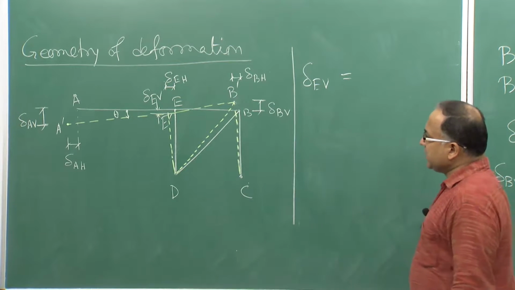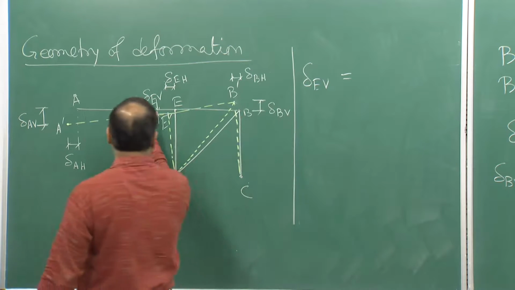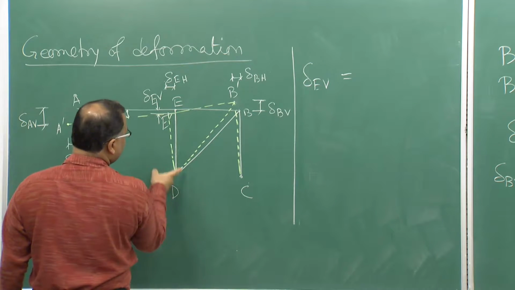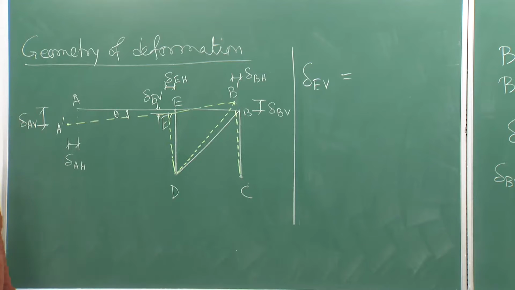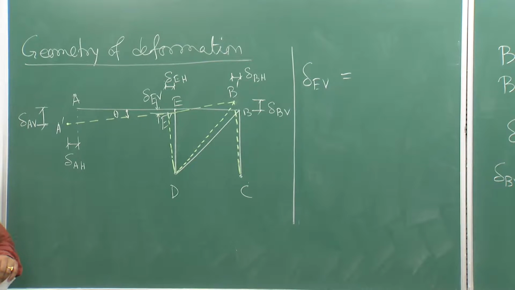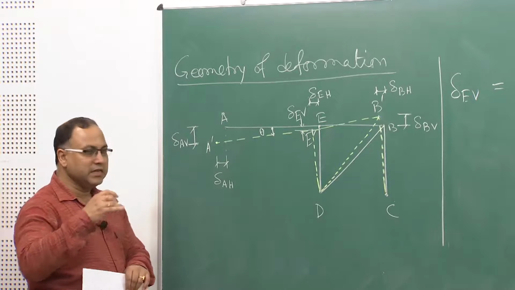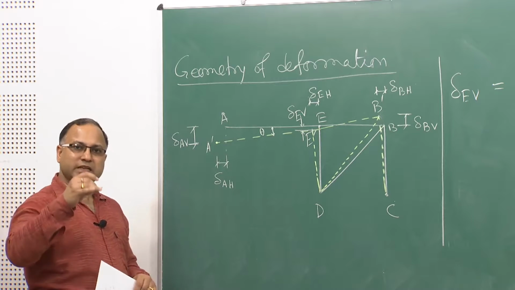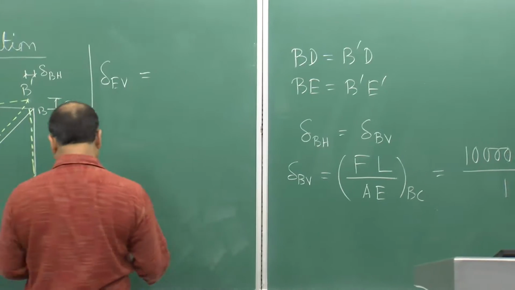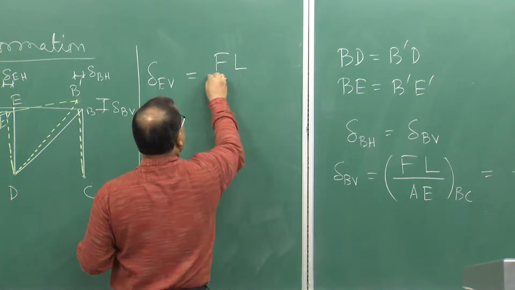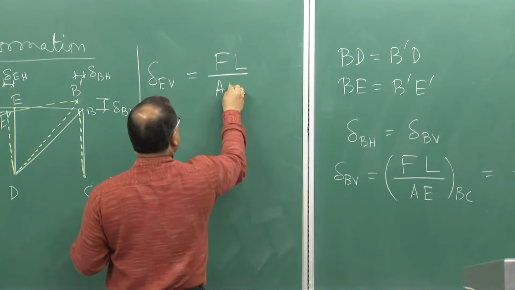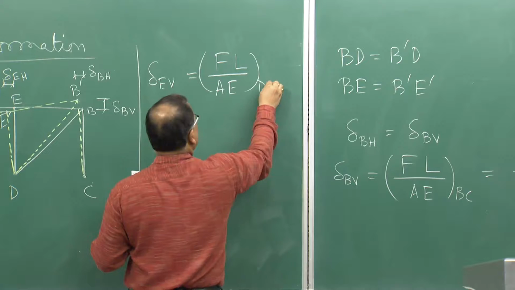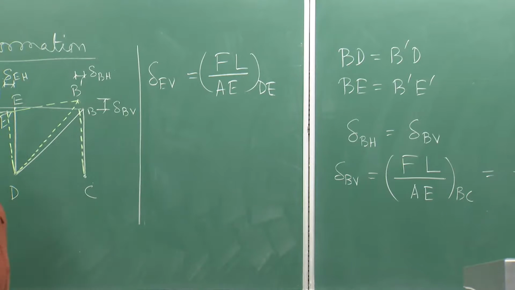Similarly, I can calculate delta EV, because DE is a vertical member, and member DE is under compression, as we have already seen. The amount of compression in member DE is equal to the vertical movement of point E. So delta EV can be calculated as FL by AE of member DE.